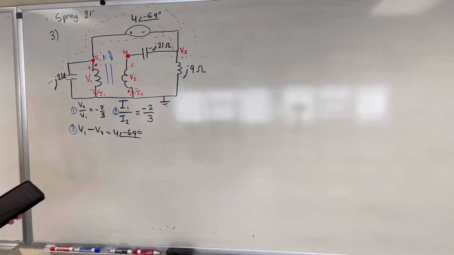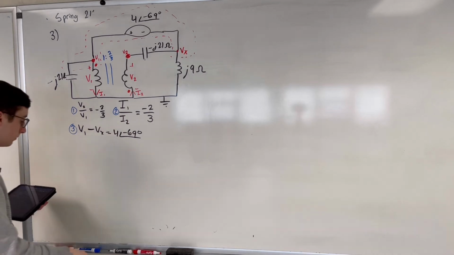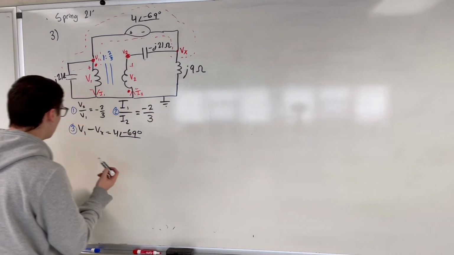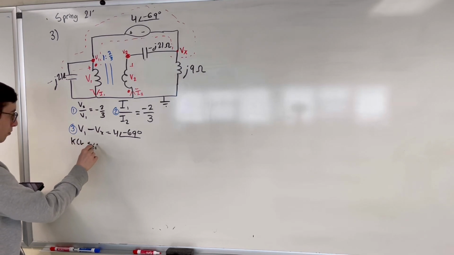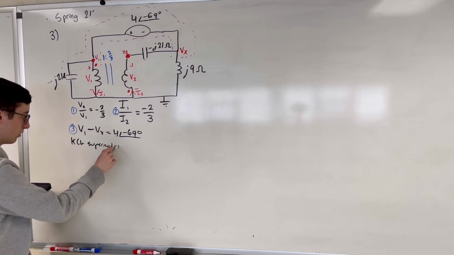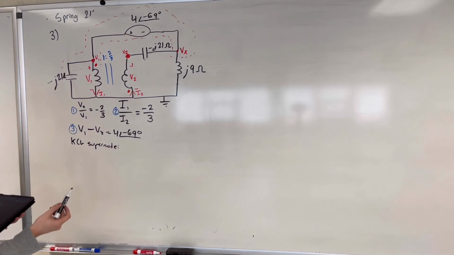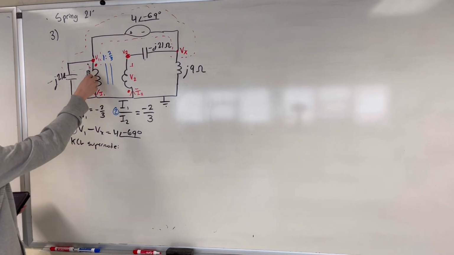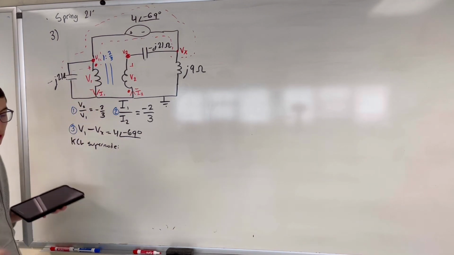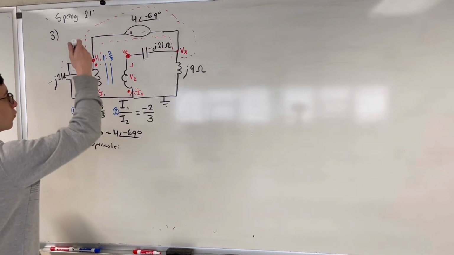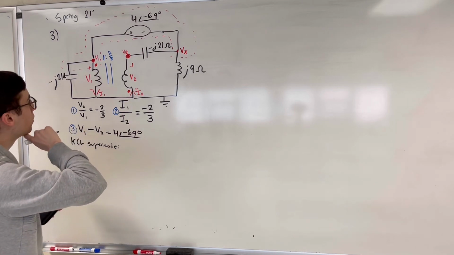And now our fourth equation is just going to be the KCL around the supernode. So KCL at the supernode is just going to be, I'll start at V1. I'm going to assume all of my currents are going away from the supernode.